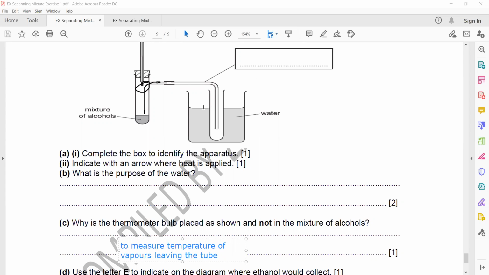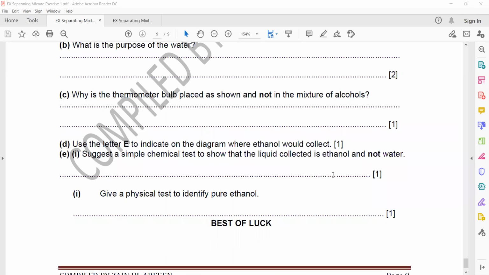Question number 4, part E. Suggest a simple chemical test to show the liquid collected is ethanol and not water. So how can we test for ethanol?